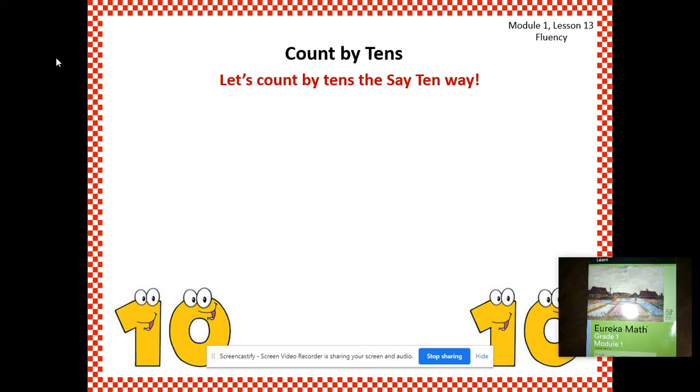Now, let's count by tens the say-ten way. If you don't know, just follow along with me. 10, 1 ten, because there's only one 10, get it?